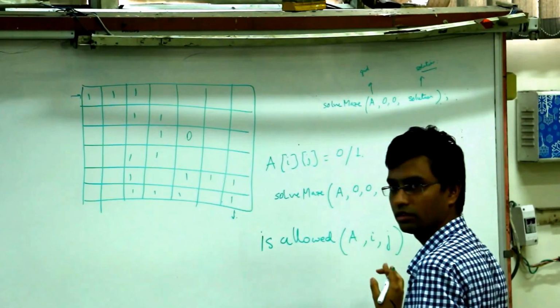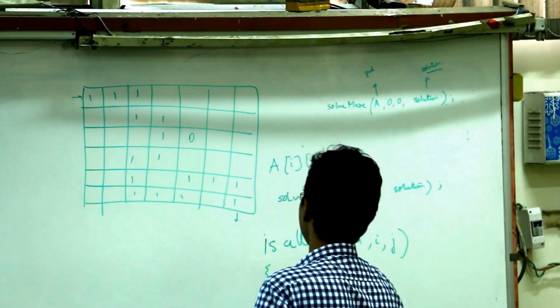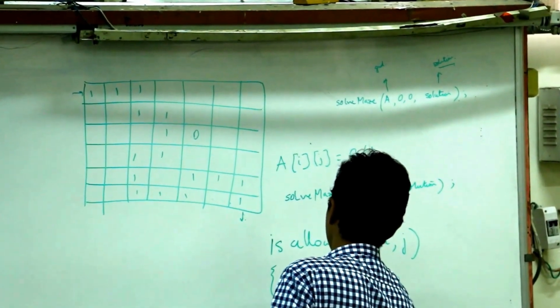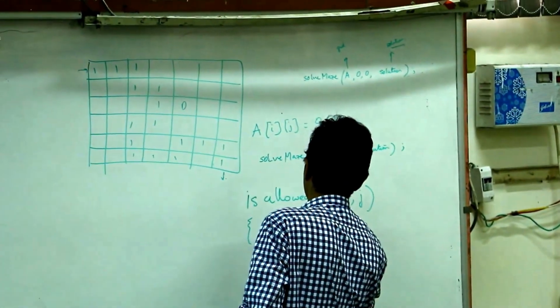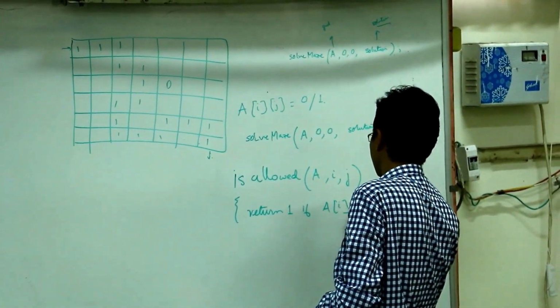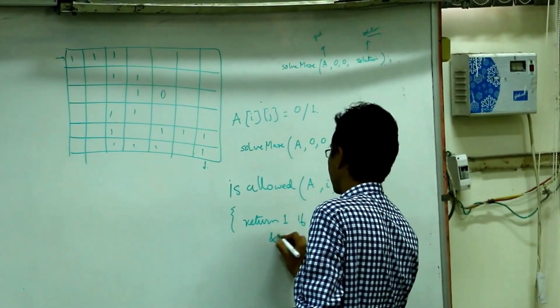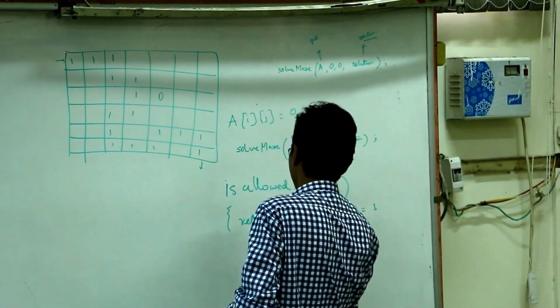It will return 1 if Aij is equal to 1 and I and j are within the limits.